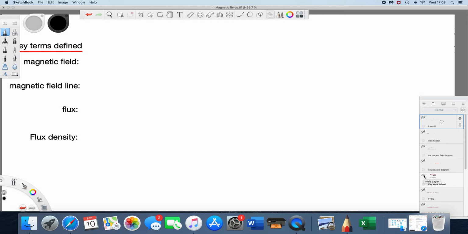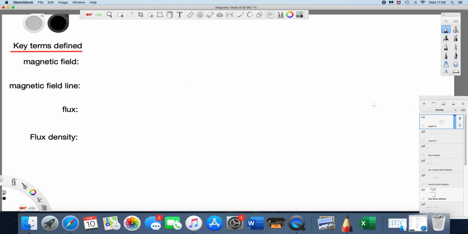What is a magnetic field? I'll move this out of the way so you can see. Well, a magnetic field is a region where, if you compare your electric field or your gravitational field definition, you had unit positive charge for an electric field, unit mass for a gravitational field.